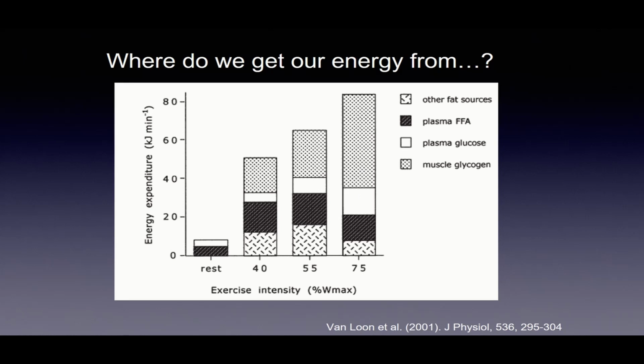And to circle back to indirect calorimetry, from the amount of fuel that's being used from carbohydrate and from fat, and also the duration at which we're working, we can determine the amount of calories which have been burnt.